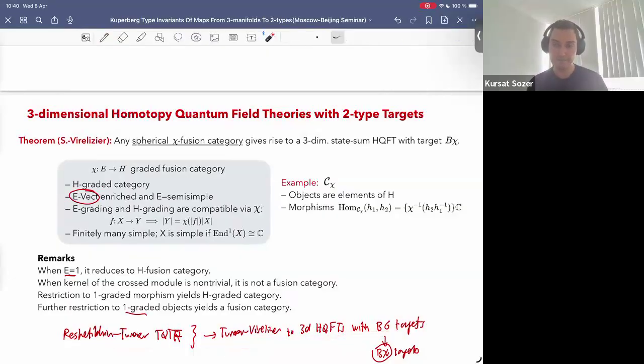The three-manifold can be S3 with the knot inside, and then a map from the complement of the knot to this 2-type. Then we can associate an invariant. But I don't know of a connection between these theories and other well-known studied TQFTs.